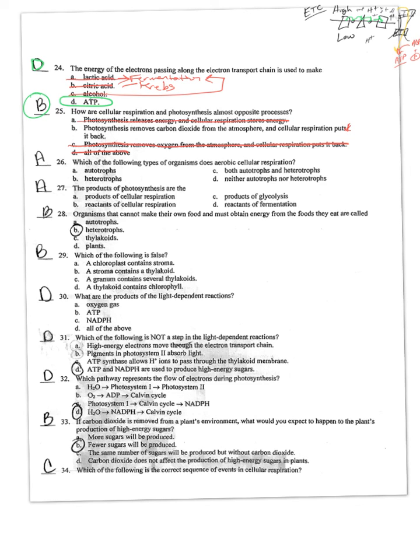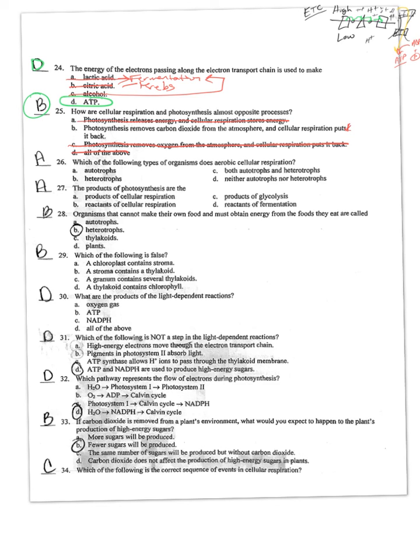Which of the following types of organisms does aerobic cellular respiration? So we're talking about cellular respiration, so we're not going to talk about photosynthesis. But remember, both autotrophs and heterotrophs do cellular respiration, and aerobic cellular respiration specifically.